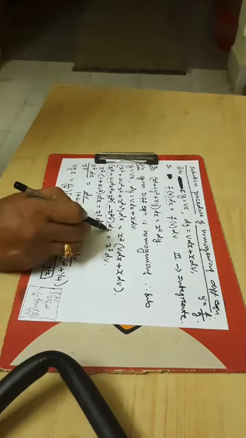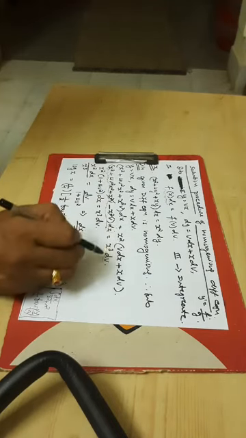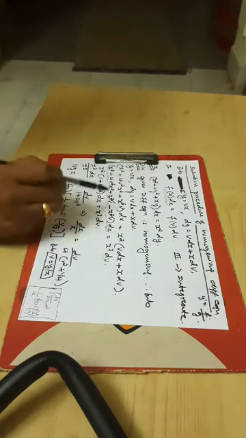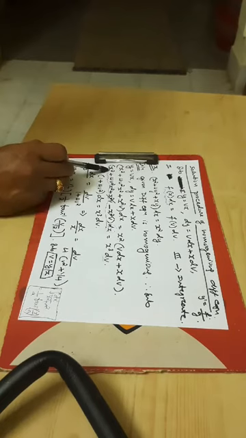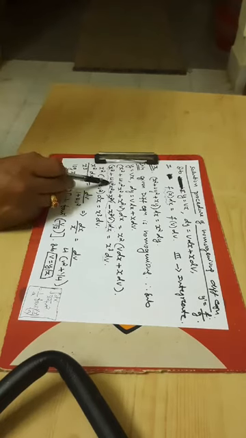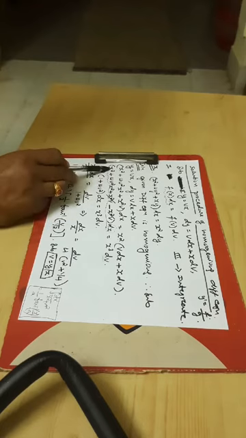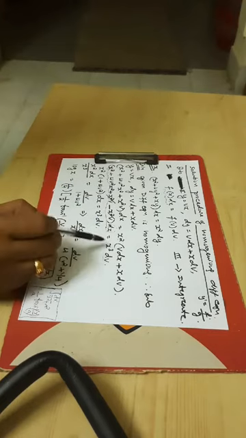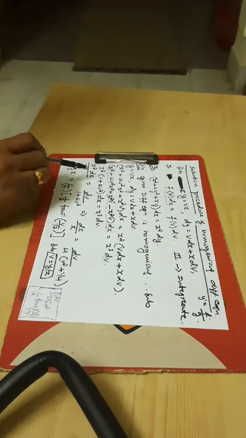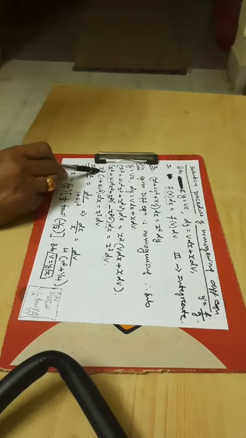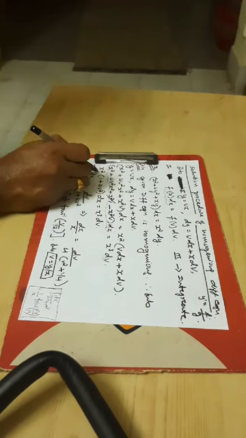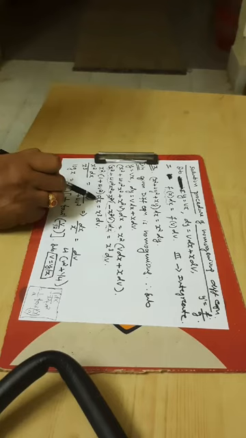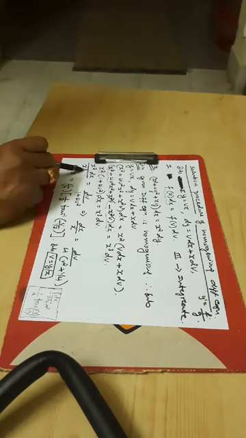Wherever dx is there, collect it to one side, and wherever dv is there, collect it to the other side. Now take x² as common. Here x²v minus x²v cancels. Taking x² as common factor, we get 1 plus 4v² with dx, and here x³ dv. I have already told you, with dx only x can remain, so divide by x³.